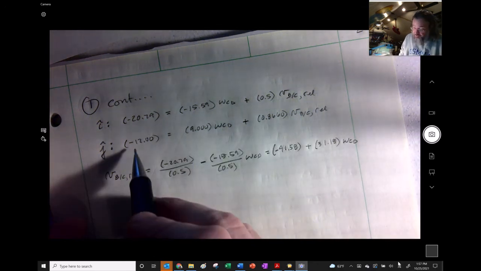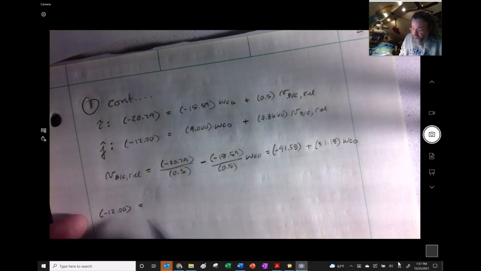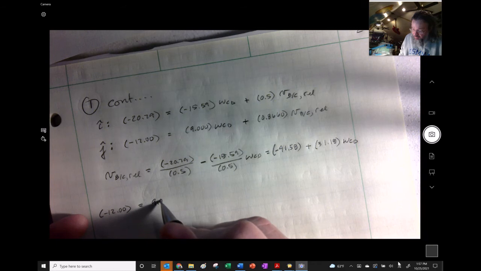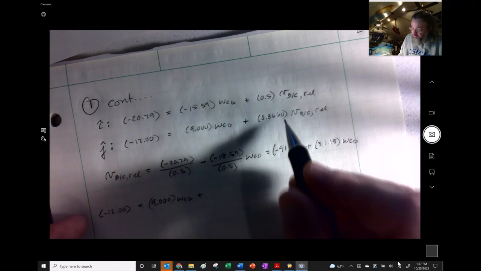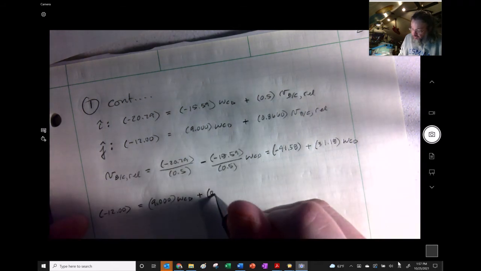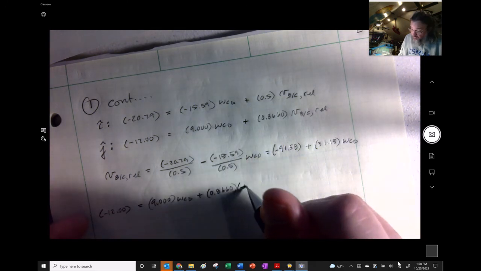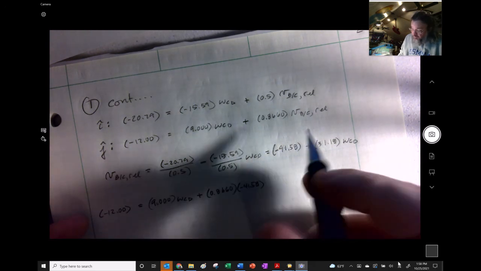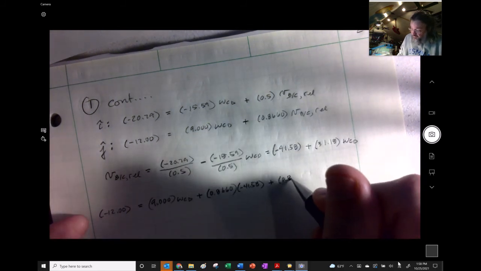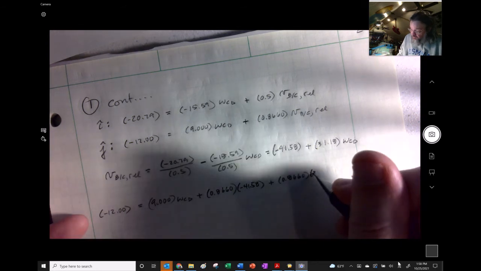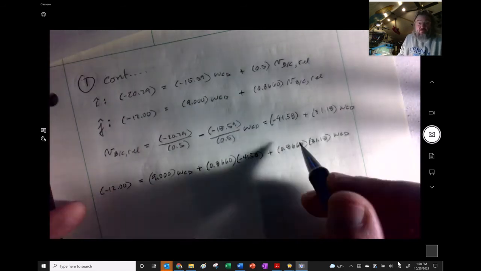Now I'll put him back into J, so I get negative 12 equals 9 omega CD plus 0.8660 times my negative 41.58 plus 0.8660 times 31.18 omega CD.